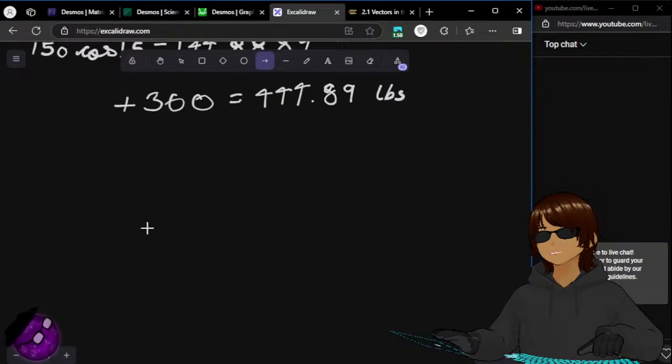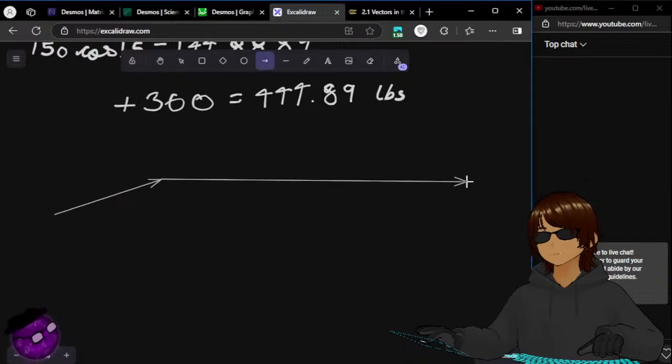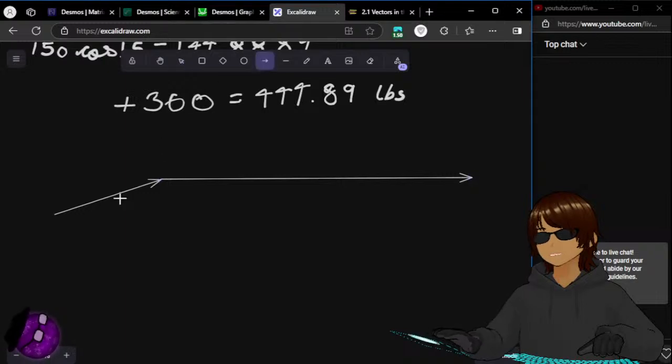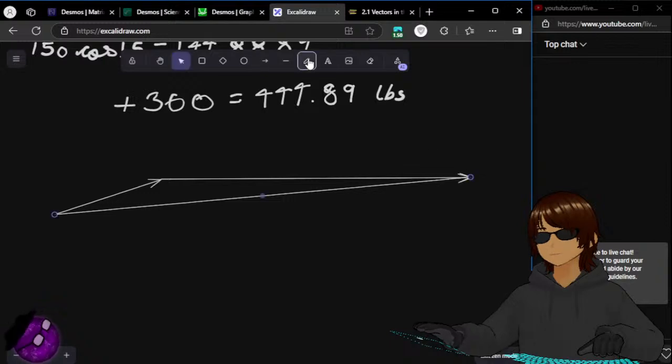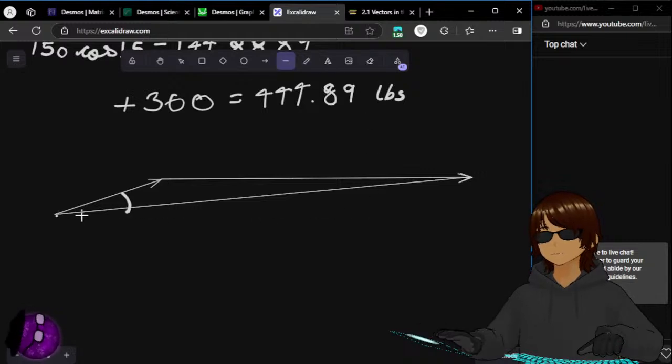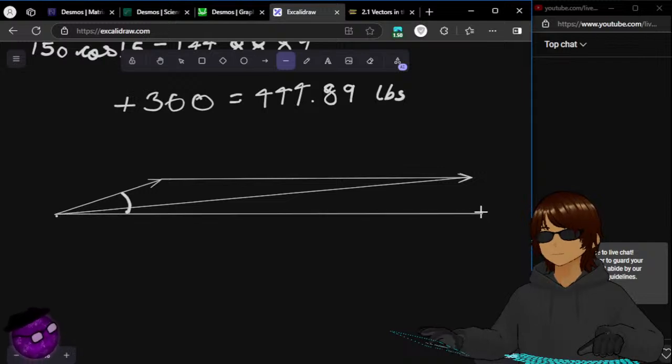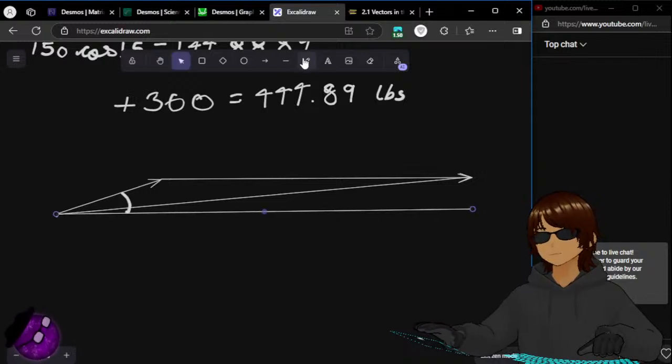What I'm supposed to do is we have 150 pounds and 300 pounds going straight. I'm supposed to find this. So what do we know so far? That this angle is 15.